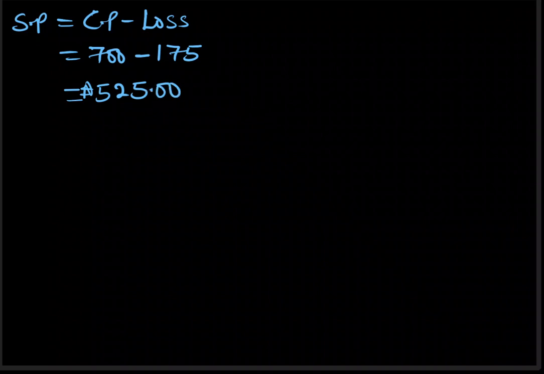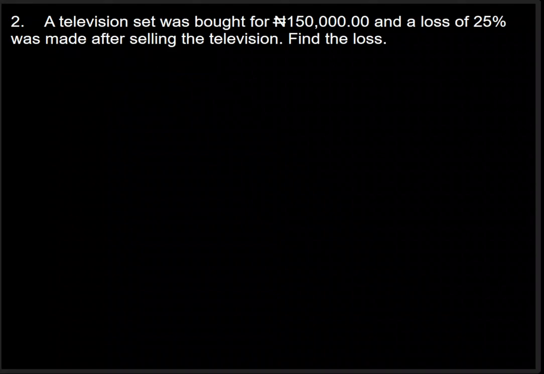That's how we get our selling price. Remember, in the case of loss, the cost price is bigger than the selling price, so for the selling price it will be subtraction, the cost price minus the loss.